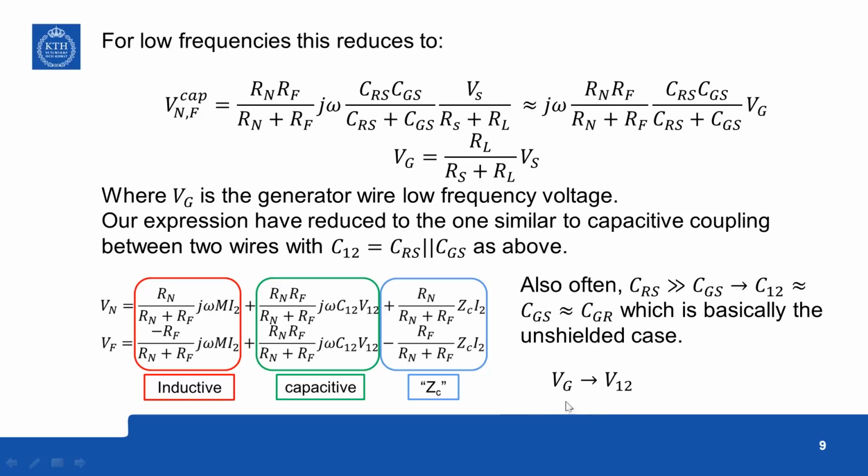So Vg in our case is similar to V12 in the previous case, and C12, which is this one, is approximately equal to CGS or CGR. So this Rs can be neglected within that.